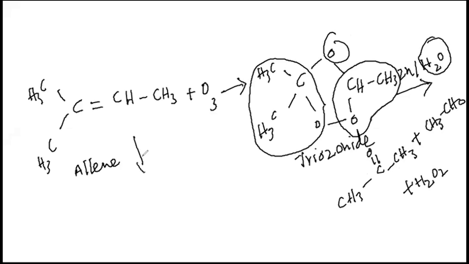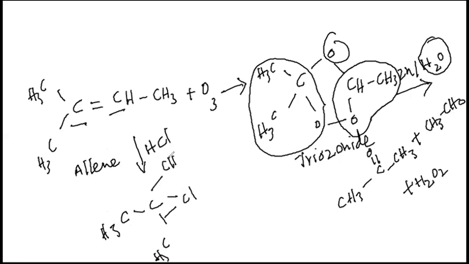The same A, when it reacts with HCl, if you apply Markovnikov's rule, the negative part of the reagent is going to attack the doubly bonded carbon which contains fewer hydrogen atoms. Then I can write CH3 C CH3, then Cl, then CH2 CH3.